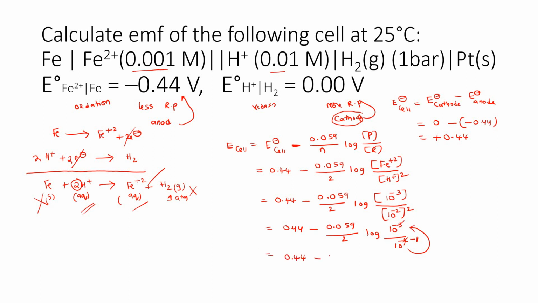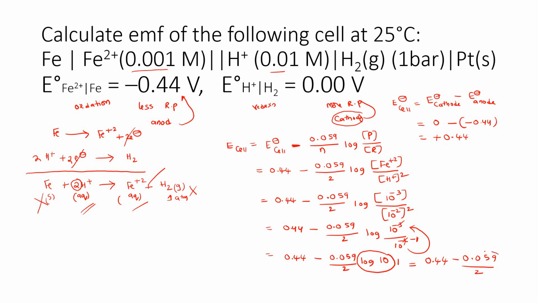0.44 minus 0.059 by 2 into log 10 to the power of minus 1 becomes 10 to the power of 1. That means log 10 equal to what here? 1. Now we are going to get 0.44 minus 0.059 by 2.